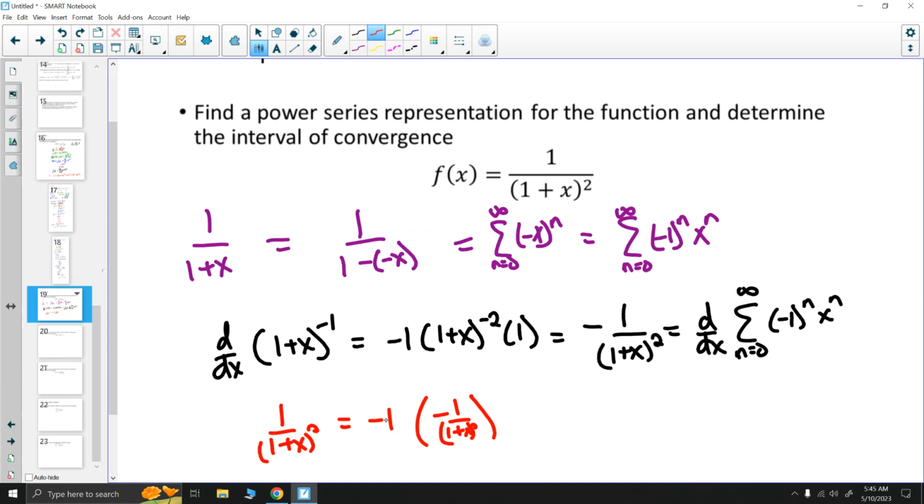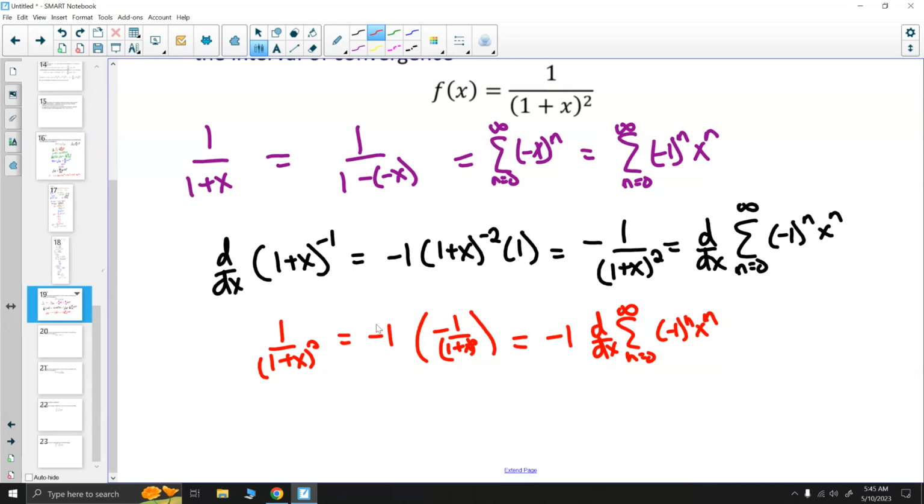So all we have to do is take negative 1 and multiply it by the derivative of this thing. That is to say, we're just taking negative 1 and multiplying by the derivative of our power series, n equals 0 to infinity of negative 1 to the n, x to the n. That's all we need to do to get this one, is multiply this by negative 1.